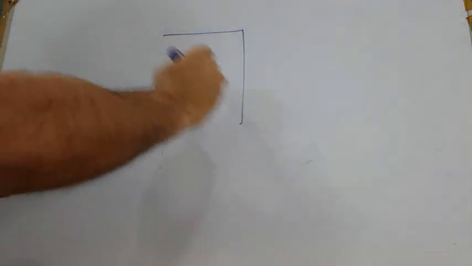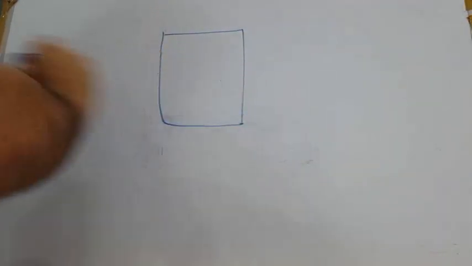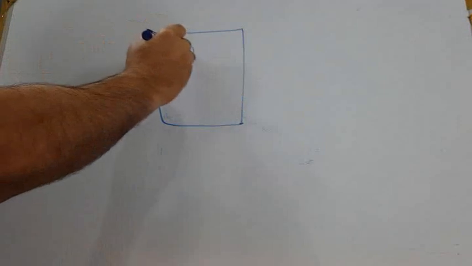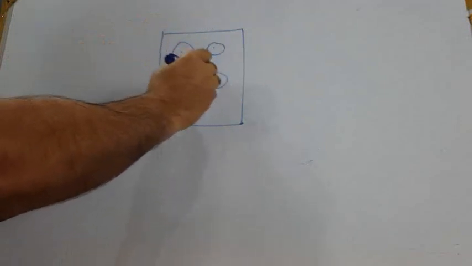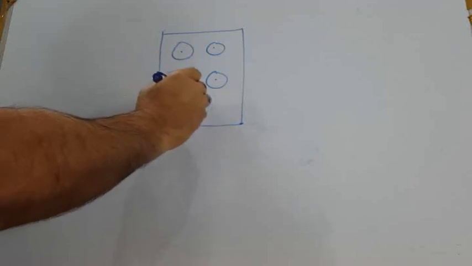You have learned about the emission and absorption spectrum. Here suppose we take a sample of atomic hydrogen. This is atomic hydrogen. It's not molecular. Remember that.